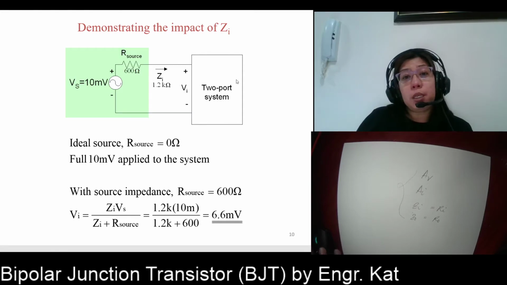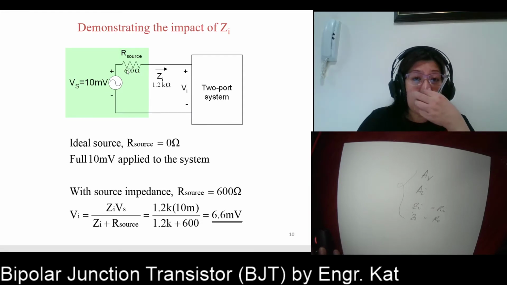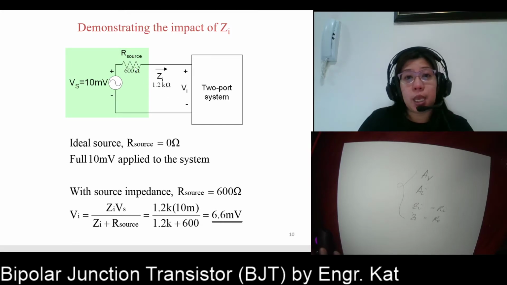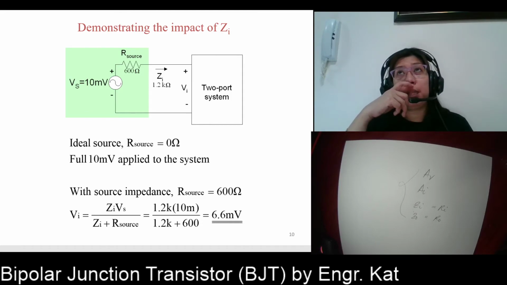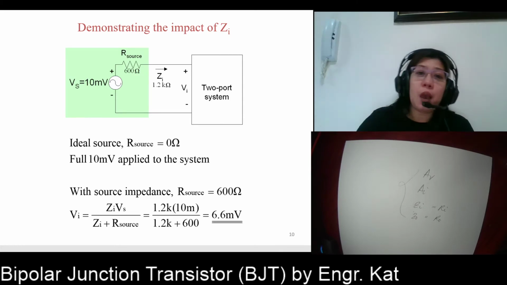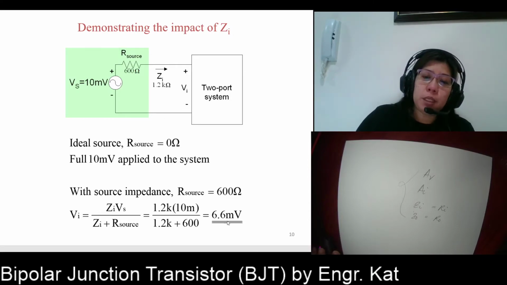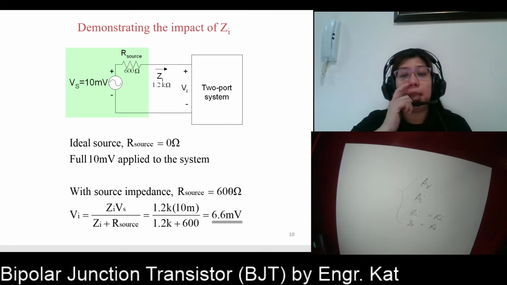If you use a ZI which is very small, smaller than 600, what will happen? For example, we interchange the values: 600 is your ZI and your R source is 1.2 kilo ohms. Then only 3.4 millivolts will be amplified. So if you have an amplifier with a gain of 10, that will only be 3.4 millivolts multiplied by 10, but if we have a greater ZI, that will be 6.6 millivolts multiplied by 10.